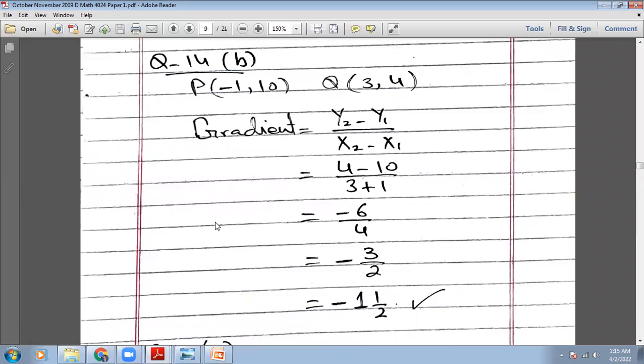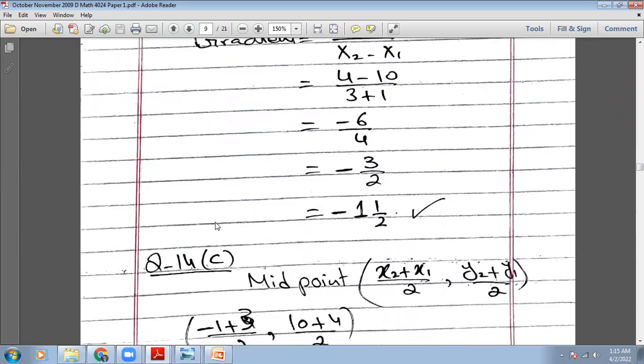The formula for the gradient is (y2 minus y1) divided by (x2 minus x1). So it will be (4 minus 10) divided by (3 minus (-1)). So it will become 3 plus 1. So 4 minus 10 is minus 6 divided by 4, and it will be minus 3 by 2, which means minus 1 whole 1 by 2.